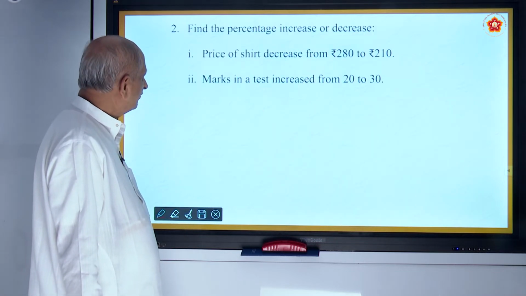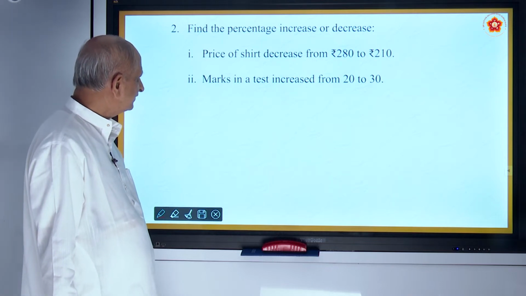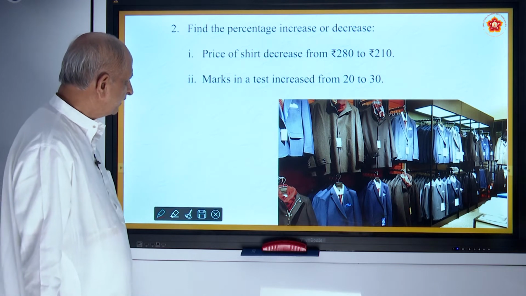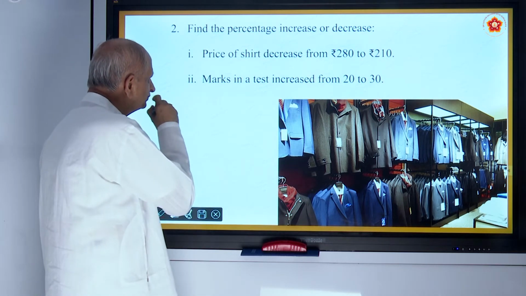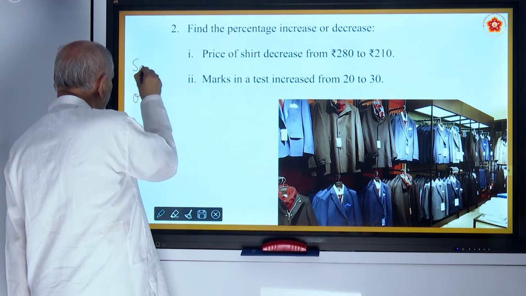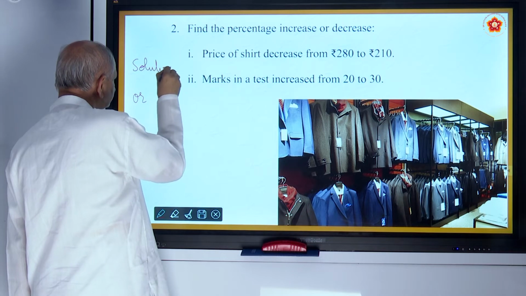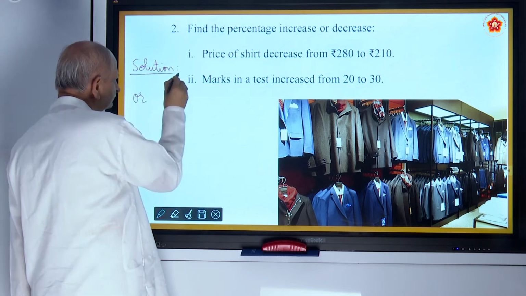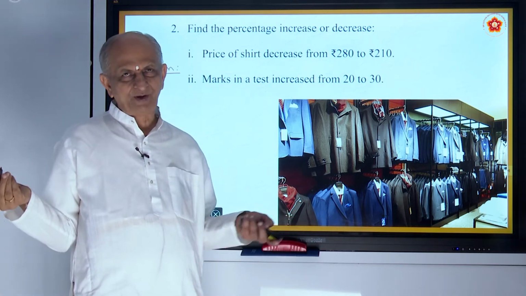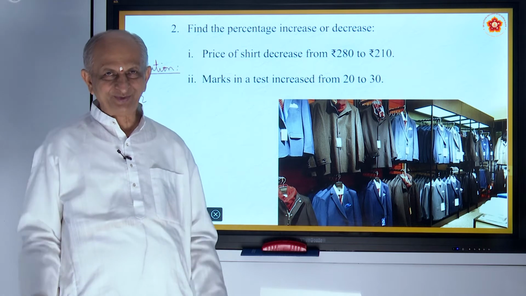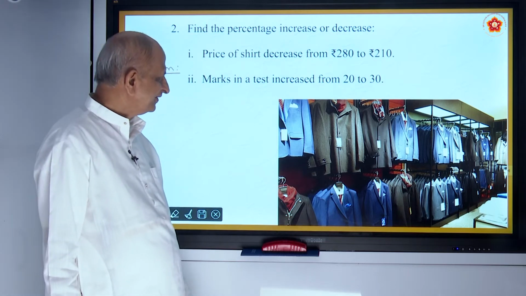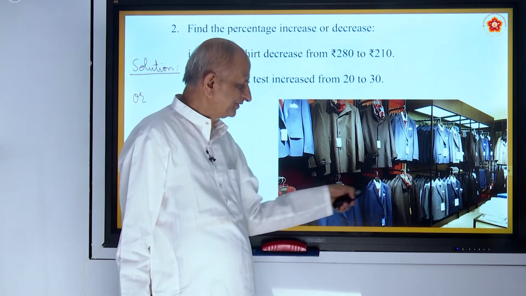Find the percentage increase or decrease. Price of a shirt decreases from 280 to 210. So, original price. So solution. When you say shirt, it applies usually for boys, but there are some girls also who wear shirts, correct? They want to look like boys. So these are some of the samples of shirts.